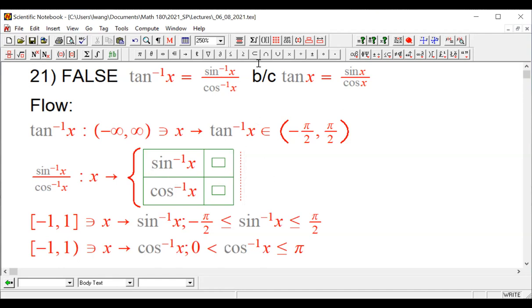So if you still want to push forward, you say, okay, tangent x, this x has to compromise. This x has to change from -infinity to +infinity to comply with that. So even this is satisfied. Let me finish the flow.